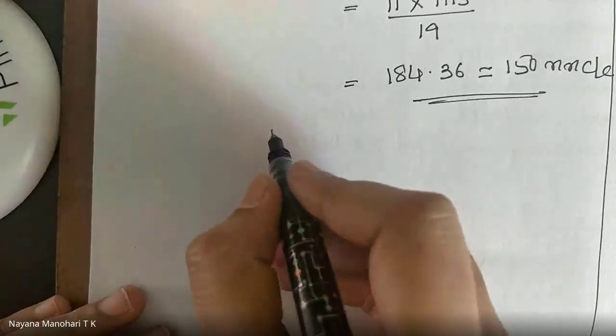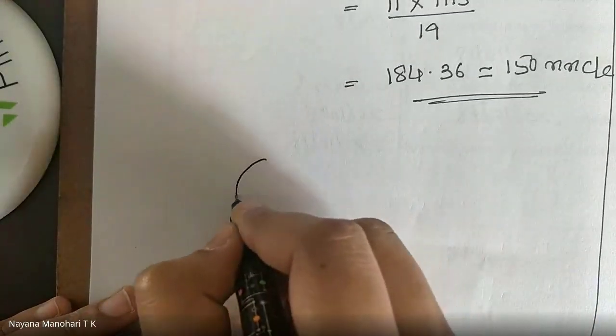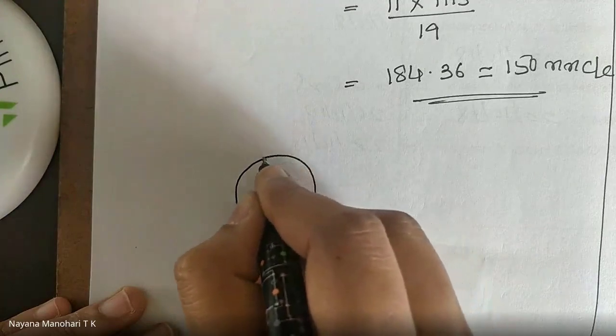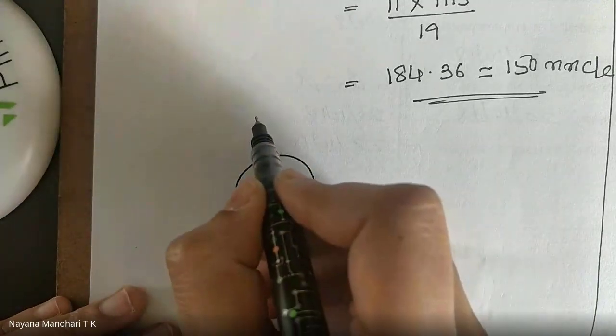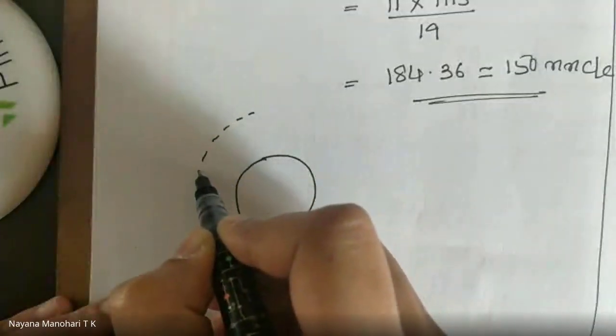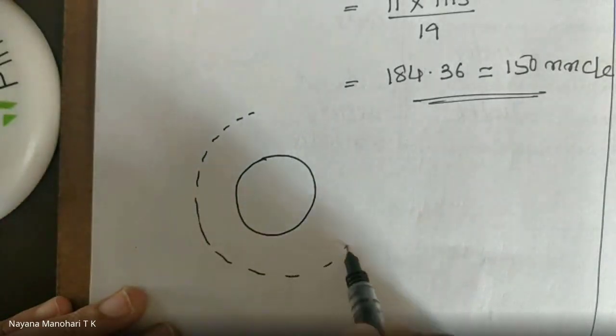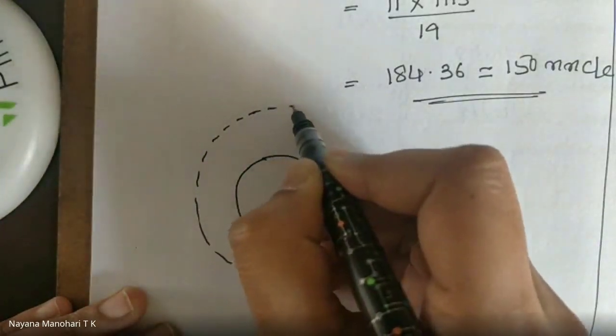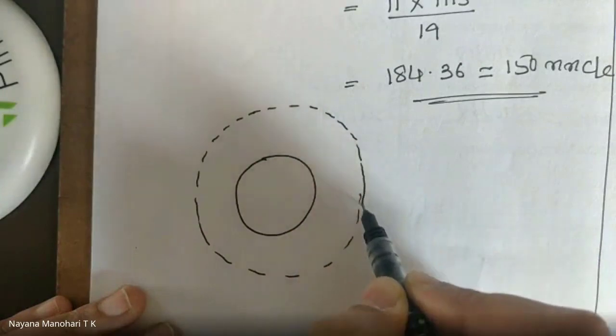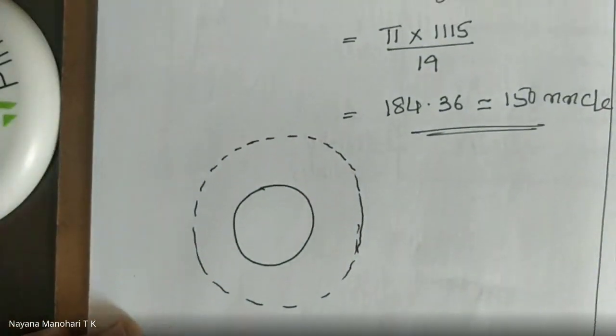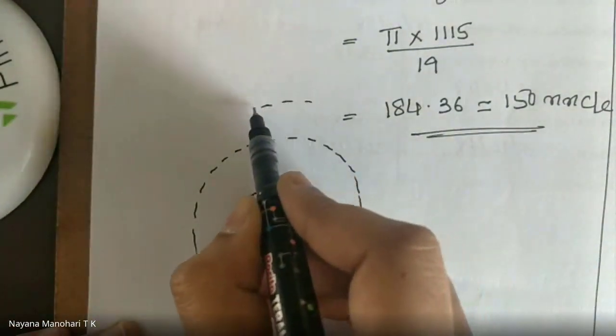I will show you now. Internal diameter. This is your spiral reinforcement. On the top of that, external dia.